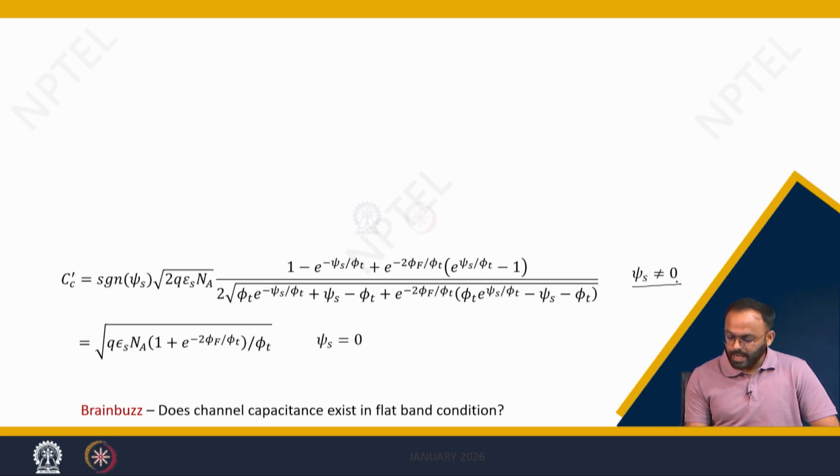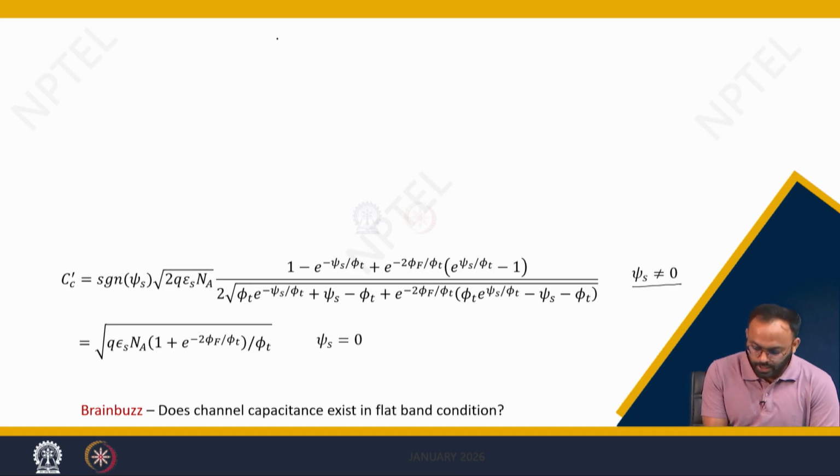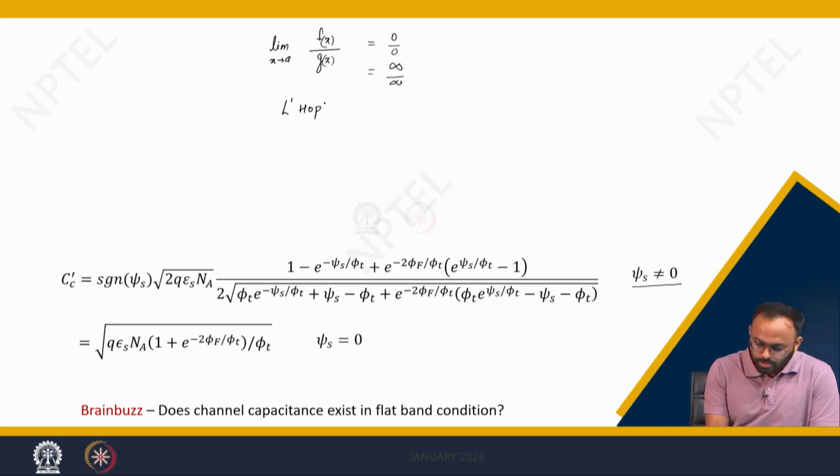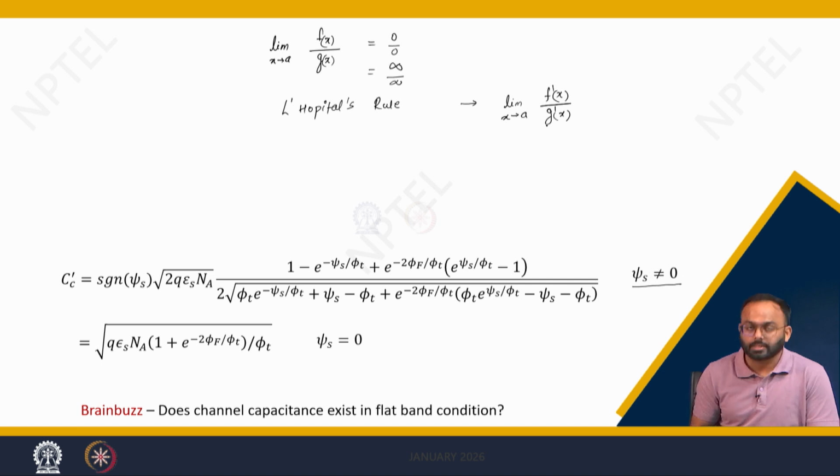But what will happen if psi s equals to 0? If we end up with some problem like limit x tends to a f x by g x in the form of 0 by 0 or infinity by infinity, we use L'Hopital's rule, which says that this can be solved as limit x tends to a f dash x by g dash x, where f dash x and g dash x are the derivatives of the given functions f x and g x.